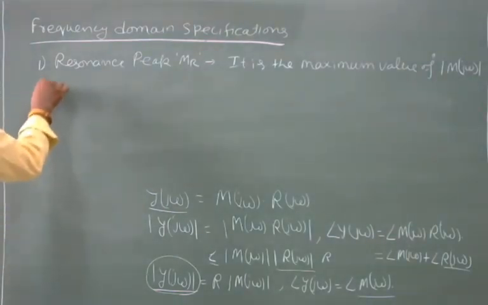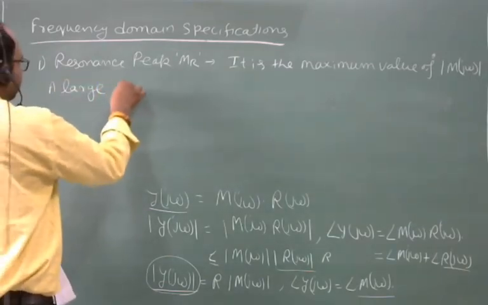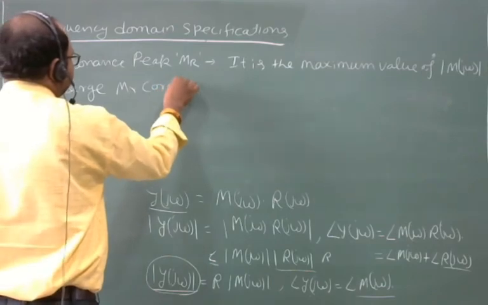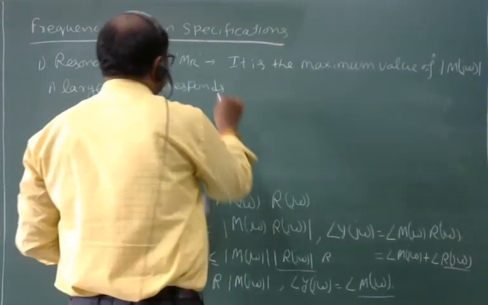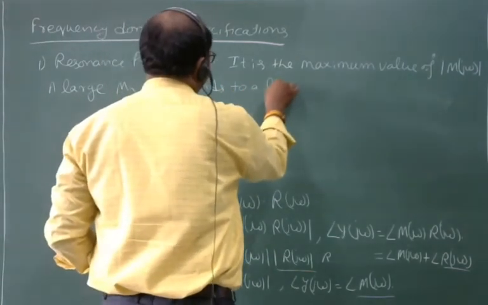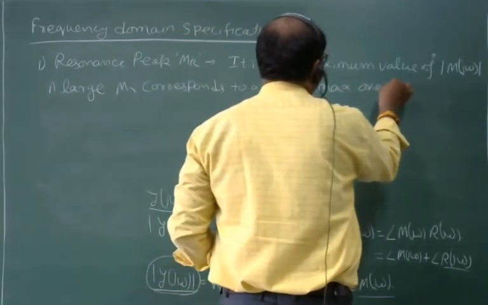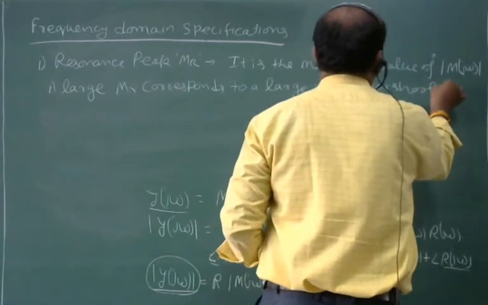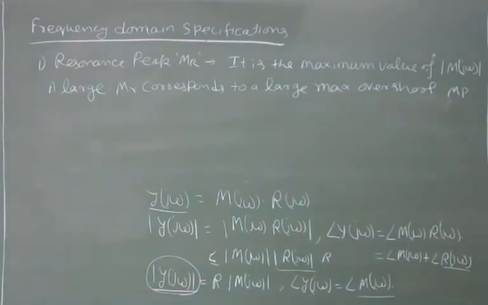A large MR corresponds to a large maximum overshoot, MP. जितना बड़ा MR होगा, जितना बड़ा रेजोनेंस पीक होगा, उतना बड़ा आपका मैक्सिमम ओवरशूट होगा, ठीक है?